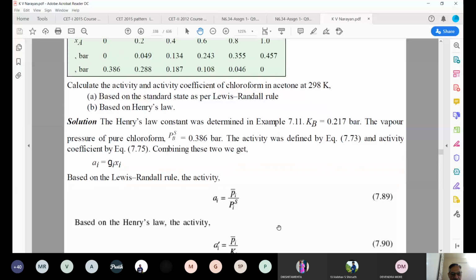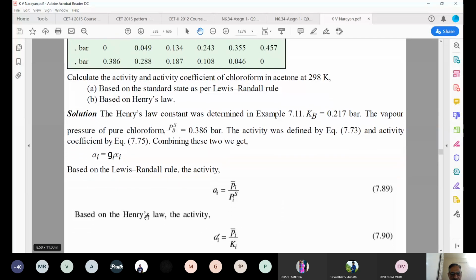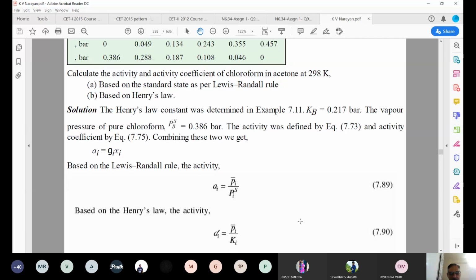Right? And based on Henry's law, activity is pi bar by ki. xi किया था हमने इसको, अभी कैलकुलेट किया था xi. So this is what activity is for Lewis Randall rule, and this is what activity is for Henry's law constant. ठीक है?